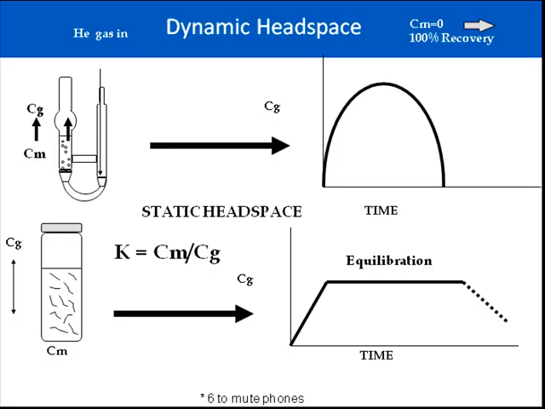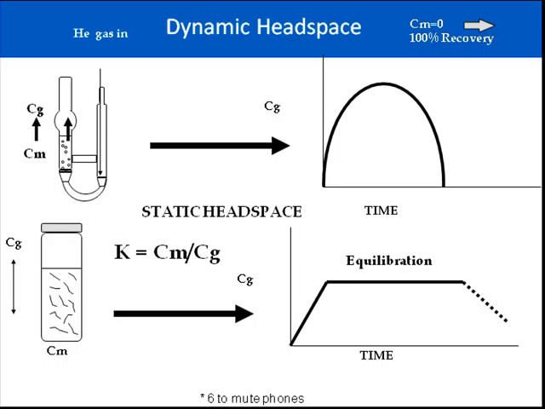If you look at this top diagram right here, which looks like a purge vessel, you can see in purge and trap, we send a carrier gas such as helium in through the sparge vessel, and it's going to come up and purge through our matrix. Generally, in environmental analysis, that matrix is either water or wastewaters, and in some cases, soils.